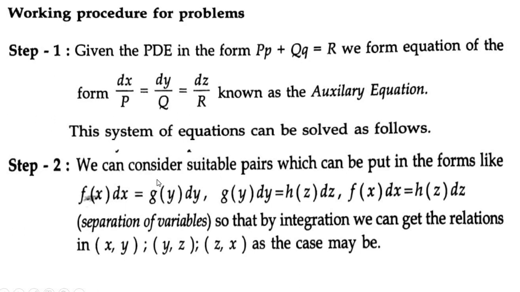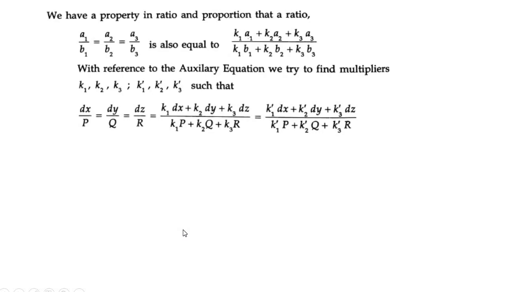This is also called the variable separable method, so that by integration we get relations in x, y; y, z; and z, x. So that is step 2.